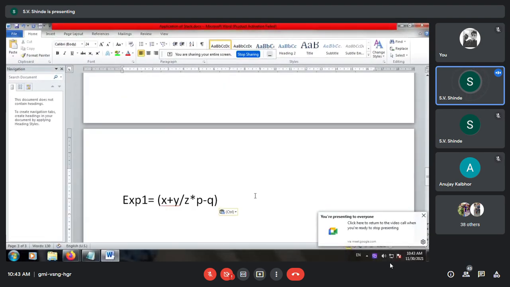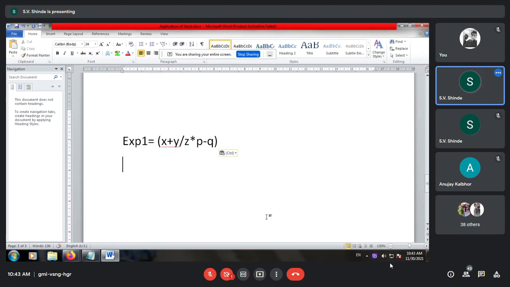Now consider that this is the given application and we have to work on converting it into prefix. So here it is prefix expression evaluation. How to do that? Prior to this, we will first understand the infix expression.